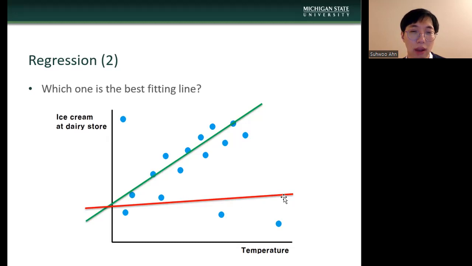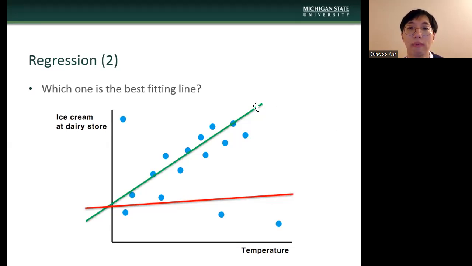So we can conclude that the red line is not a good line. The red line does not represent the relationship between temperature and eating ice cream. So this is not a best fitting line, which means that the red line has a large amount of error because it does not represent the relationship very well.